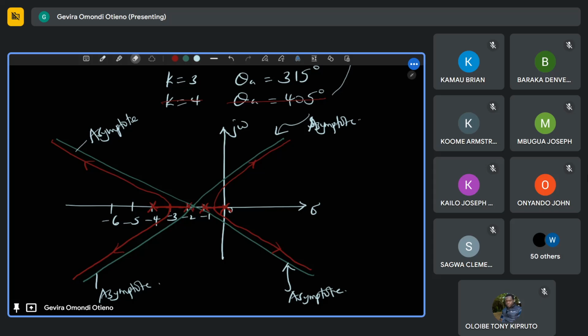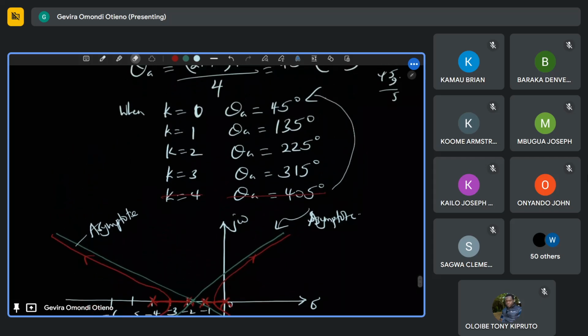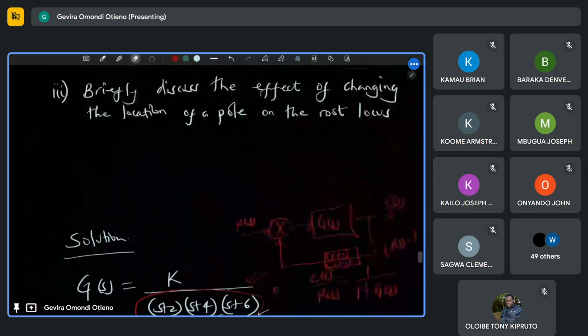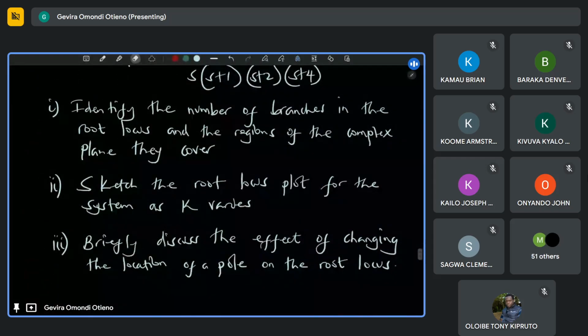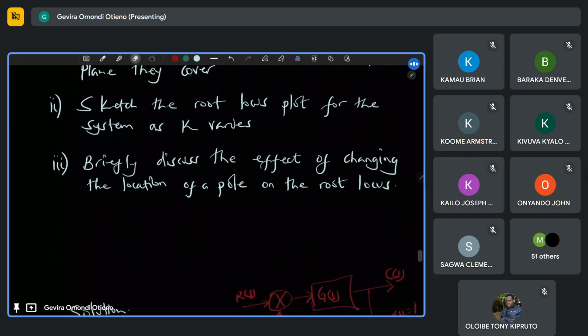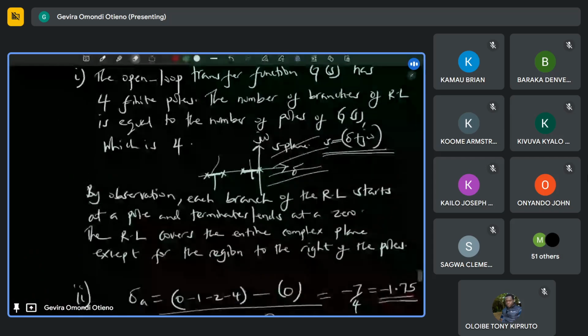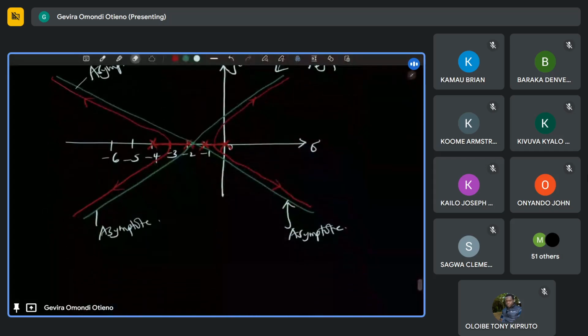Now, the third question was, so we've sketched the root locus as the gain varies, yes. Briefly discuss the effect of changing the location of a pole on the root locus. This is a very important question.